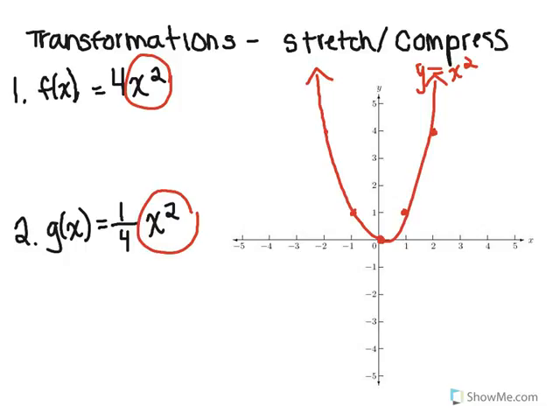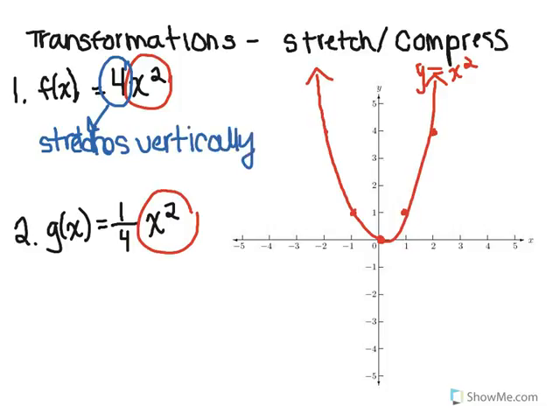So what's happening in number 1 is that we're taking x squared and multiplying it by 4. And in the second one, for g of x, we're multiplying it by 1/4. So we want to see how that changes it. Multiplying by 4 actually stretches the function vertically.